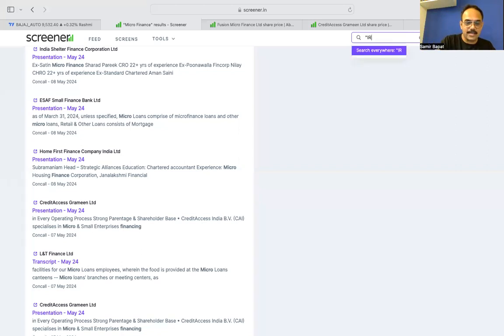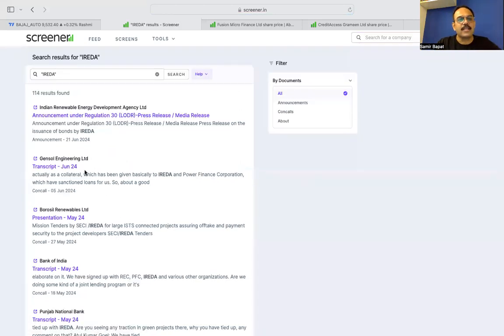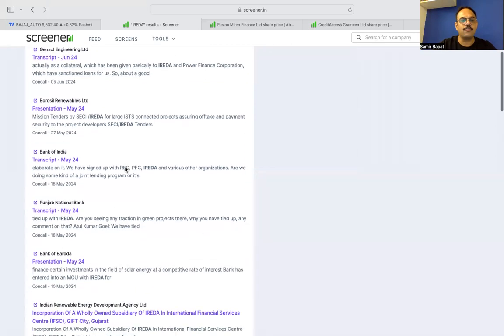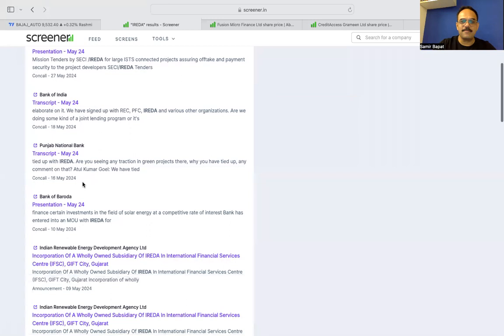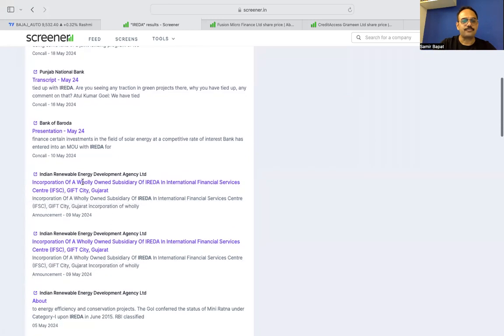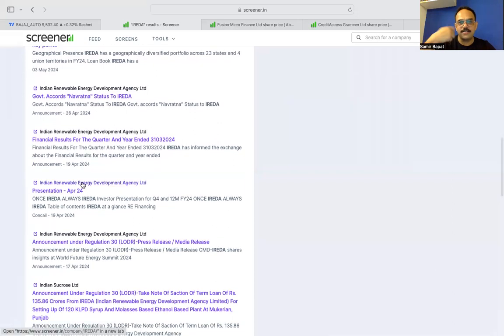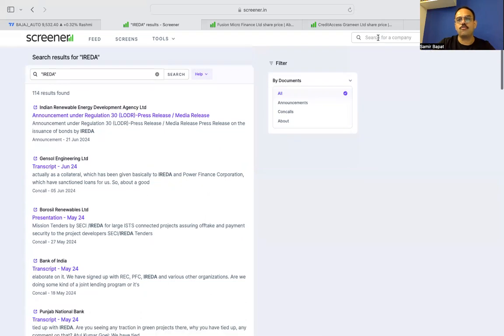So let's say IREDA, and I say search everywhere for IREDA. Then it will give companies which have mentioned IREDA in their report, like Gensol Engineering, Borosil Renewable, Bank of India, Punjab National Bank, we can ignore. Right. And then you will have some list which have mentioned IREDA in their report.